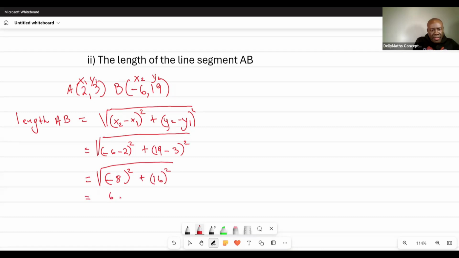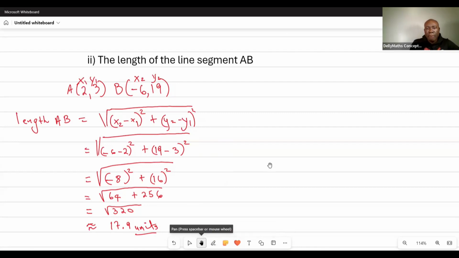What we have is 64 plus 256, and we're taking the square root. When we add this, we get 320. So the square root of 320 is approximately 17.9, if we round it off, units long. So this is the length of the line segment from A to B.